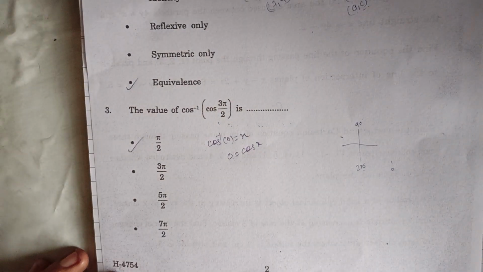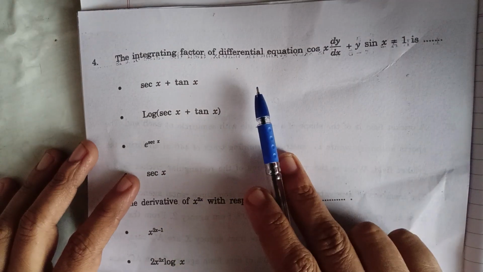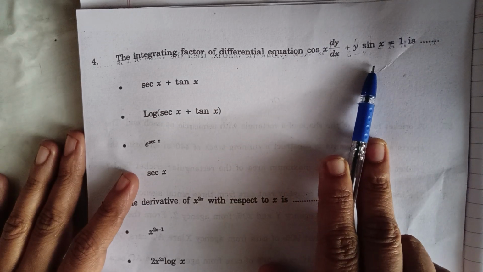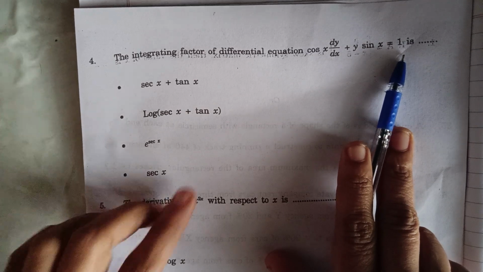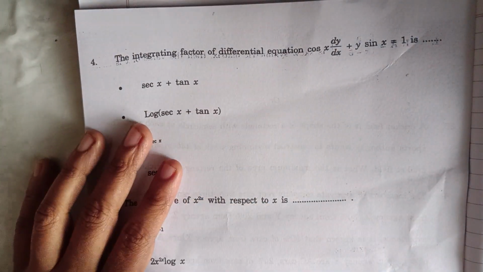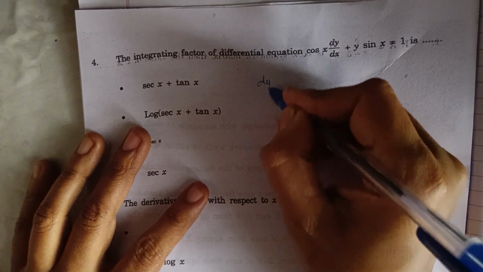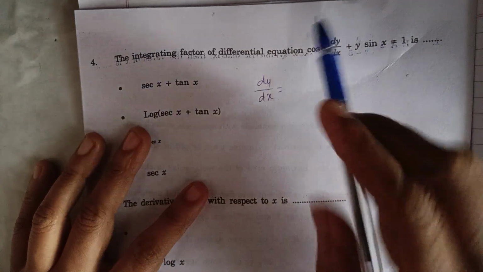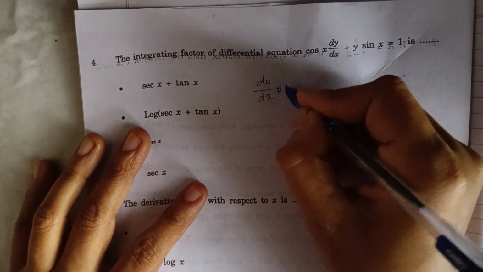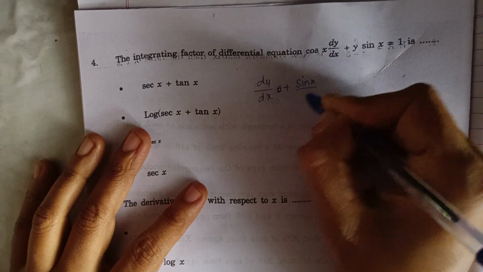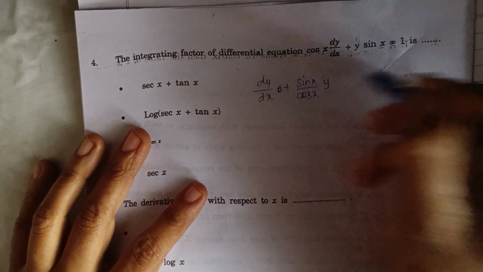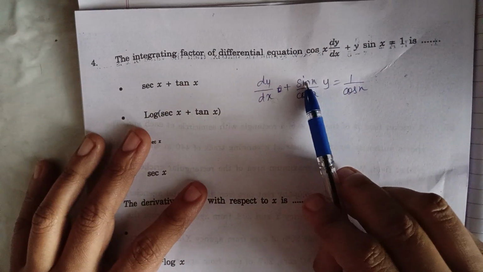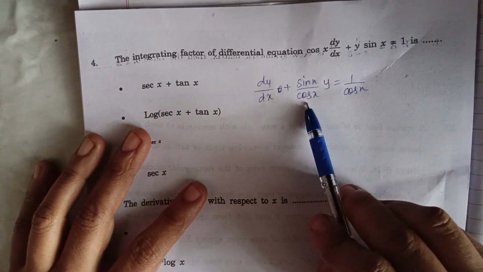Fourth question. Integrating factor of the differential equation cos x dy by dx plus y sin x equals 1. First you have to write it in the general form, so dividing the whole equation by cos x, dy by dx plus y sin x upon cos x. This sin x upon cos x becomes tan x.